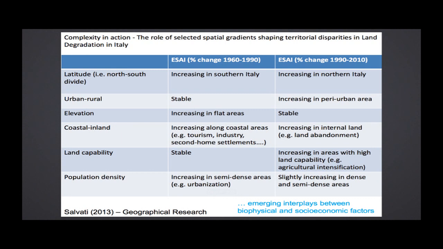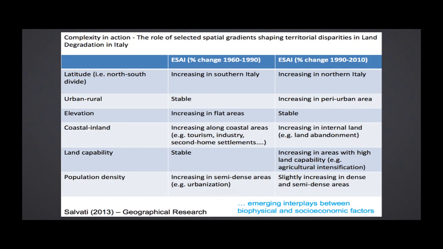We are studying here the role of selected spatial gradients which are shaping, in recent times, the territorial disparities in land degradation in Italy, using very simple statistical analysis and a very simple index. Again, the environmental sensitive area index.